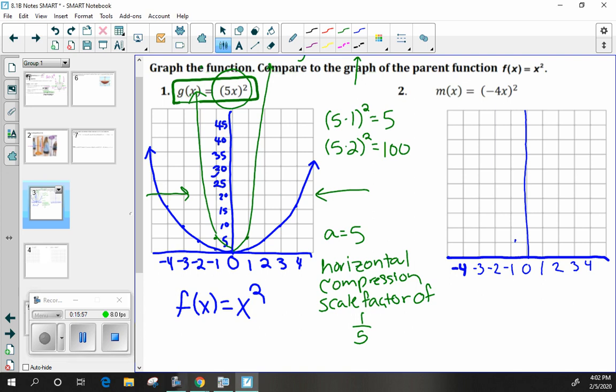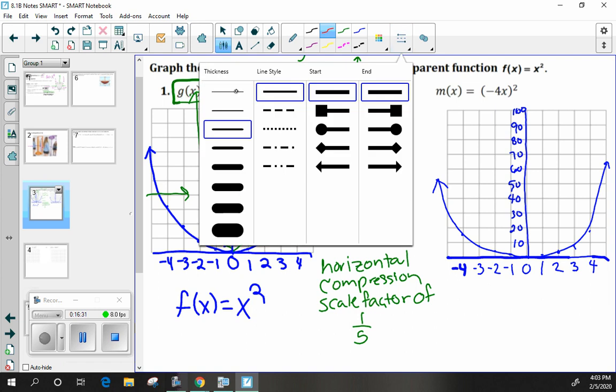So let's do it on a scale of 10 since we ran out of room before. And go ahead and fill in that parent function. And as we can see, it looks even a little different than the one there beside it because, again, we have a different scale. And we did that last one in green. Let's do this next one in red.